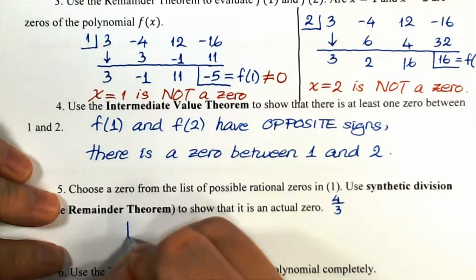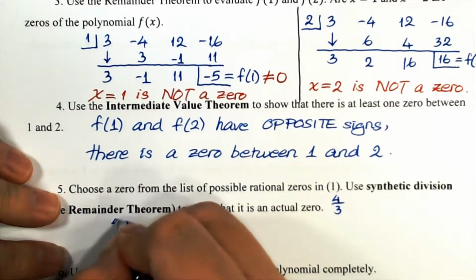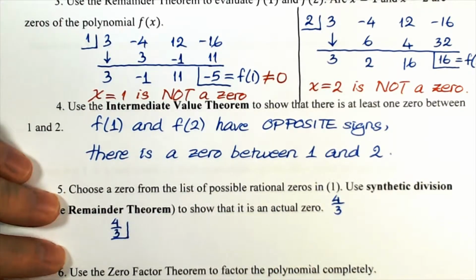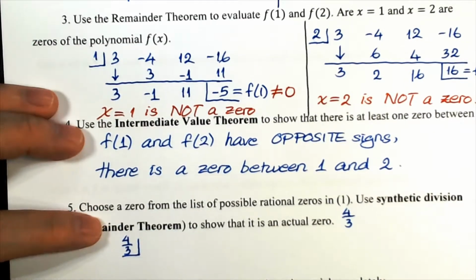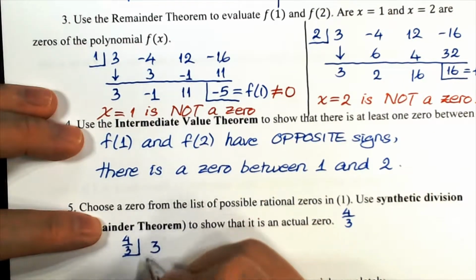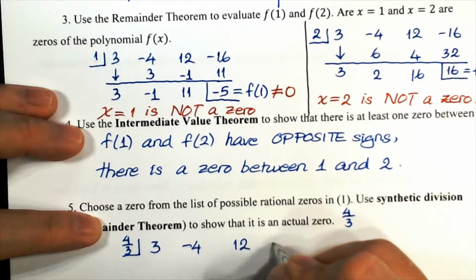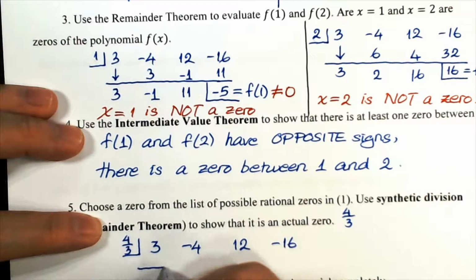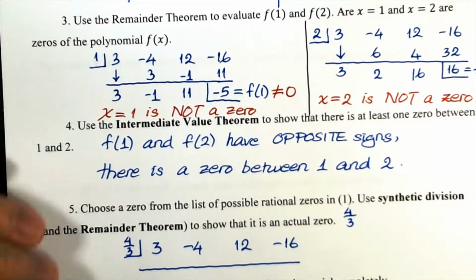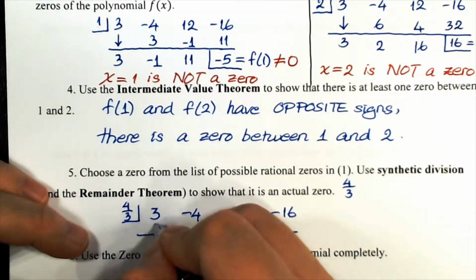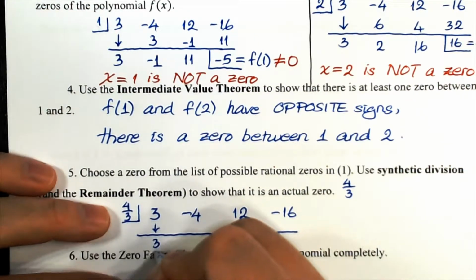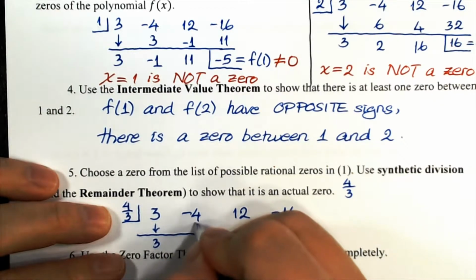Now we divide by x minus 4 over 3, and the coefficients are still 3, negative 4, 12, and negative 16. Write down the 3. 3 times 4 thirds is 4.